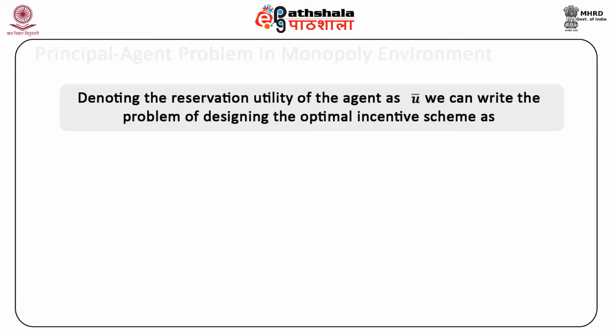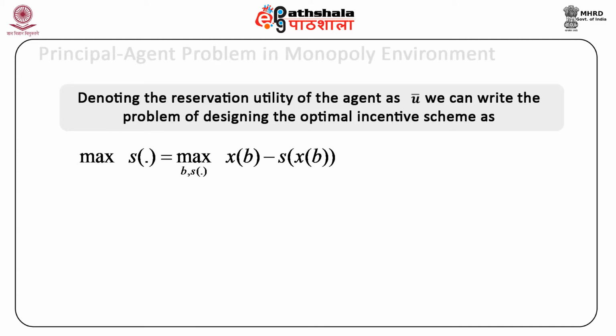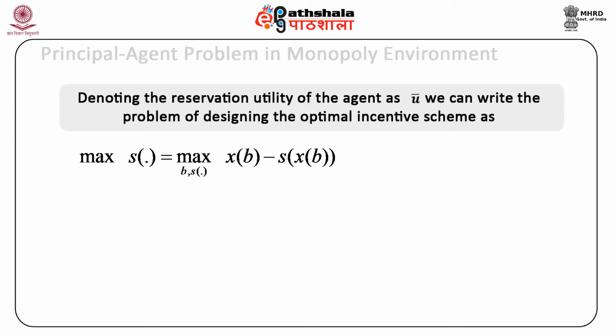Denoting the reservation utility of the agent as U bar, we can write the problem of designing the optimal incentive scheme as: maximize over B, S(·) of x(B) minus S(x(B)).